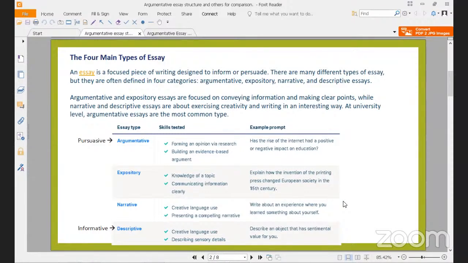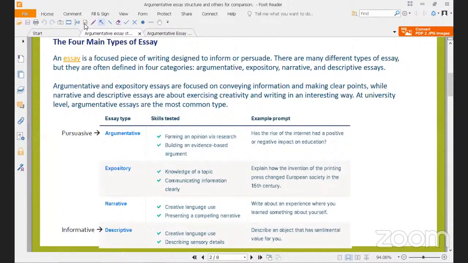Hello? Excuse me, teacher, can you repeat the question? Because my internet is not so good, so I didn't understand all of it. It says here in the example, you write about an experience where you learn something about yourself. This is an example, but it can be about anyone else or just in first person.